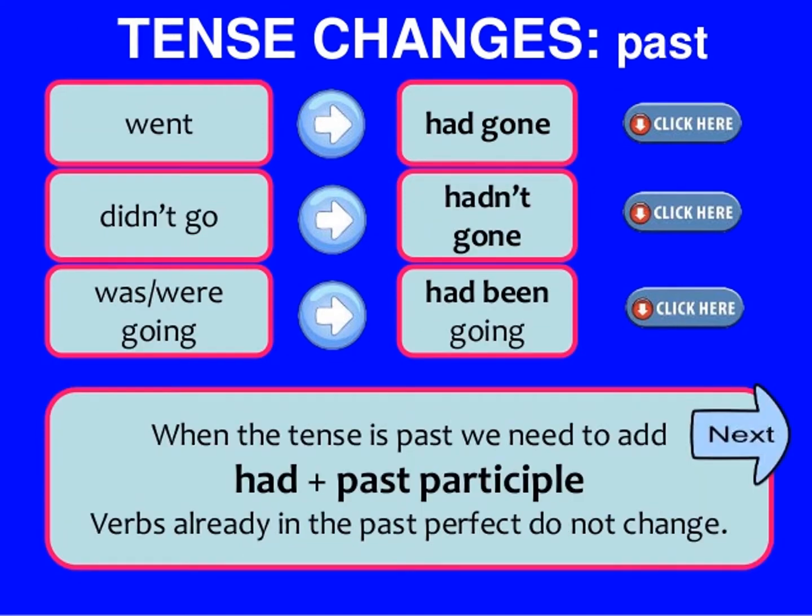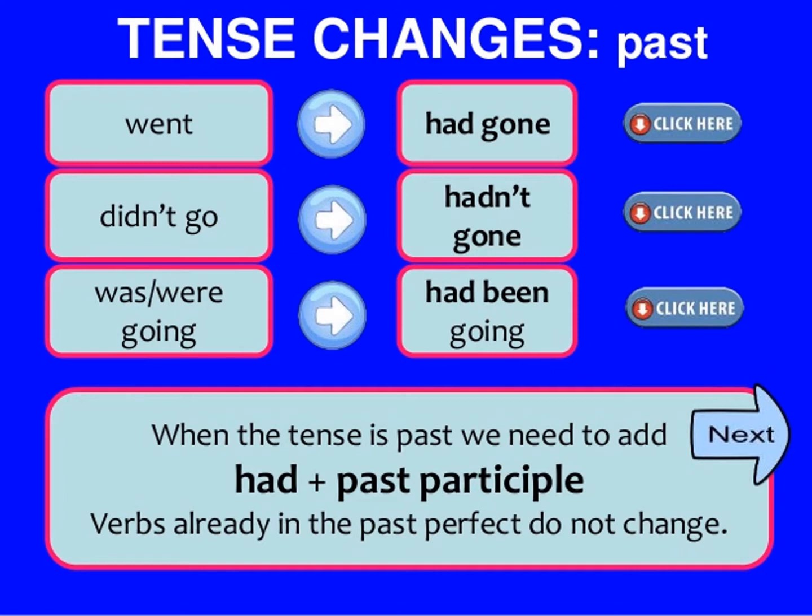Alright, we are still with the tenses. If the tense was past simple, we change it as follows. For example, if it was went or any verb plus ed, it becomes had gone, or had plus the past participle. Didn't go becomes hadn't gone. Was or were going become had been going. When the tense is past, we need to add had plus the past participle. Verbs already in the past perfect do not change.